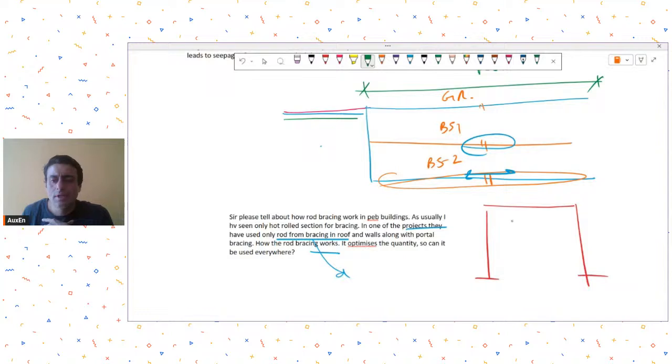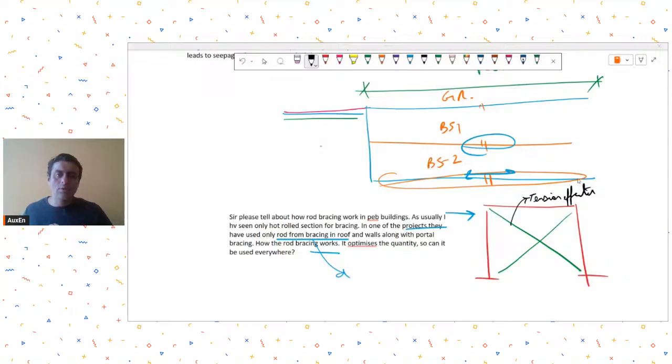Now what these pre-engineered building manufacturers do these days, to achieve less weight, is assume that the bracings are only effective in tension. If that is the case, they are allowed to provide very slender bracings. That means they will provide a bracing having a slenderness ratio of, let's say, 350.